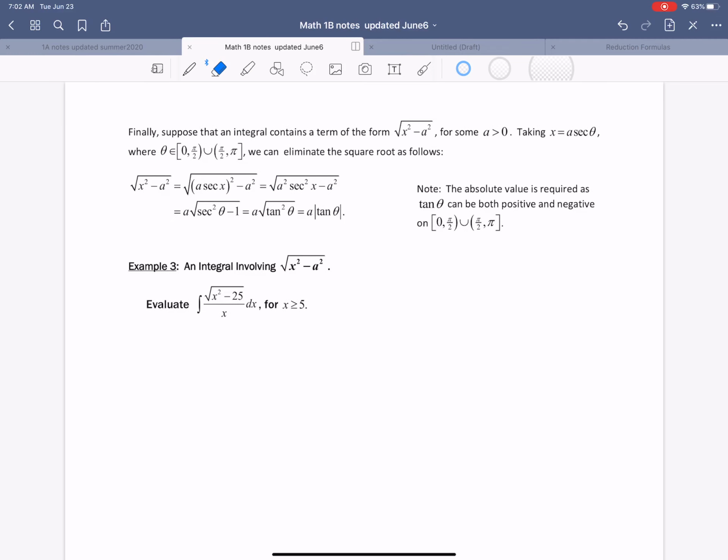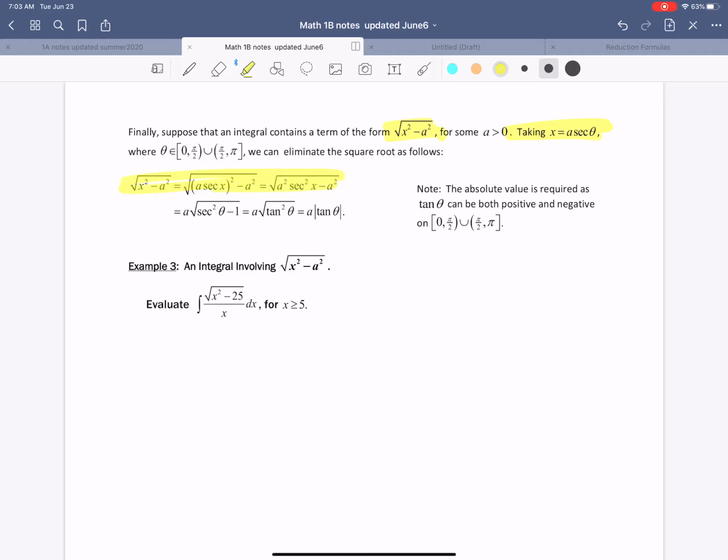Okay. Next example. If you ever see the kind of substitution or the integral inside your integral, you ever see x squared minus a squared, that means you have x squared in the front, not in the back like it was in the case of sine theta. So x squared is in the front. In that case, we want to let x be a secant theta.